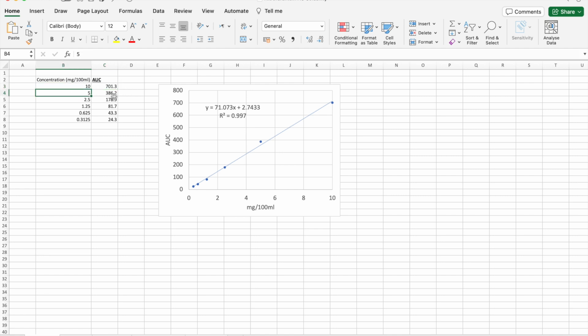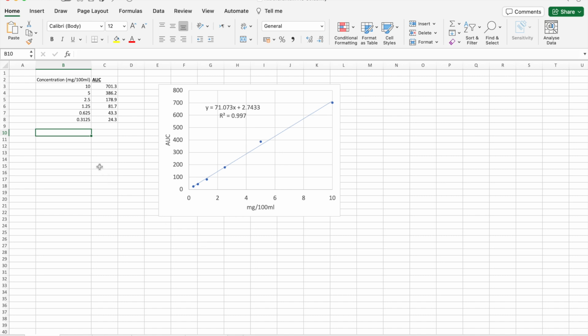I then can prepare another solution of 5 milligrams per 100 mL, and that will give me this corresponding area under the curve, and so on, until we have a complete chart. We normally want about 5 points of varying concentrations with the corresponding area under the curve to create a calibration curve.